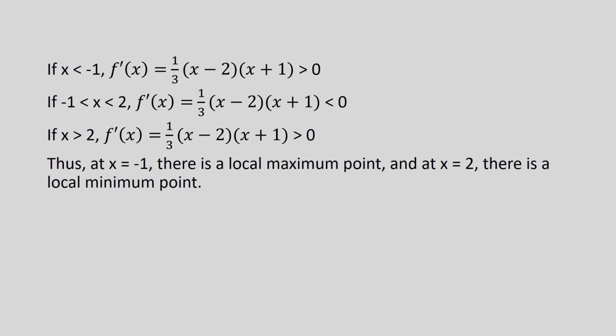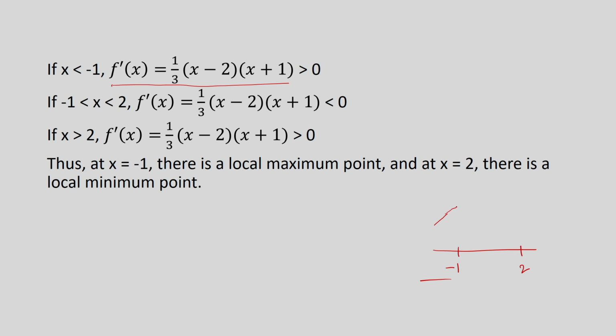To do that, I have to find out what happens to the left of x equal to minus 1. So, you have minus 1 here and 2 here. To the left of x equal to minus 1, let us see what is the value of the function. The value of the function, meaning f dash of x, turns out to be positive. So, to the left of minus 1, the function is rising.